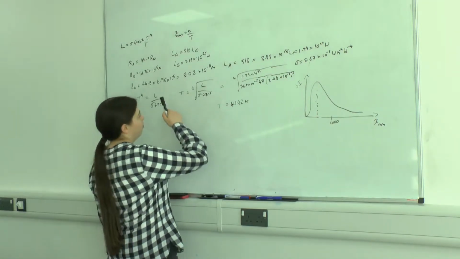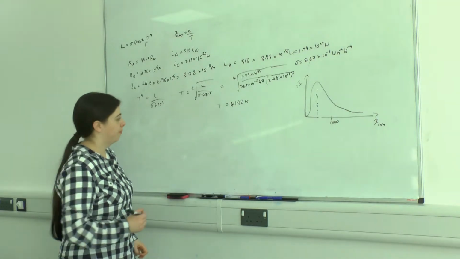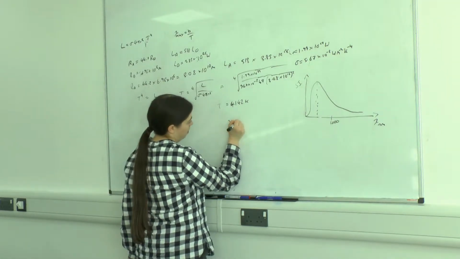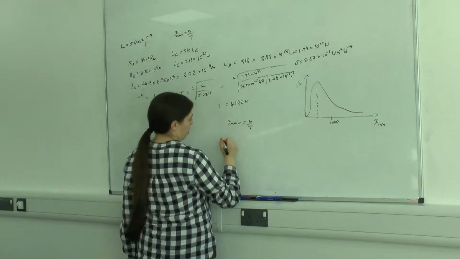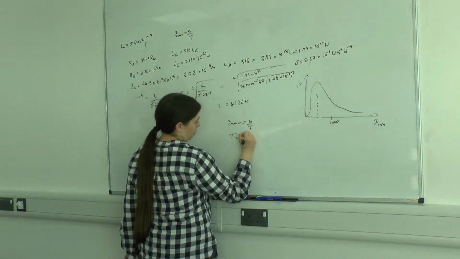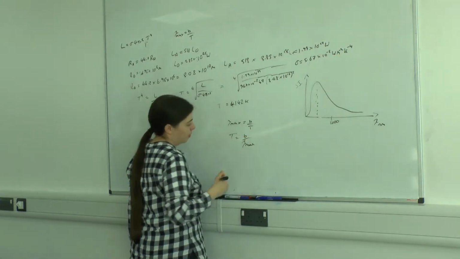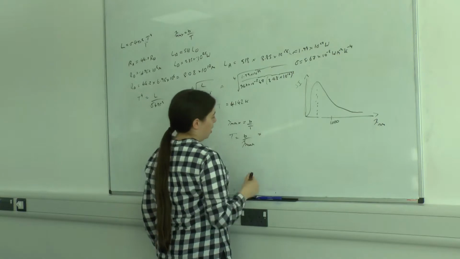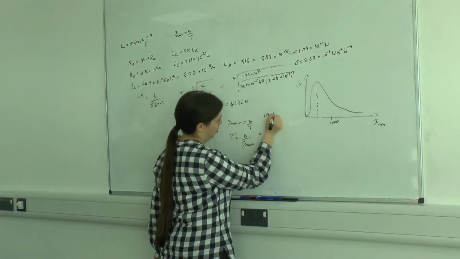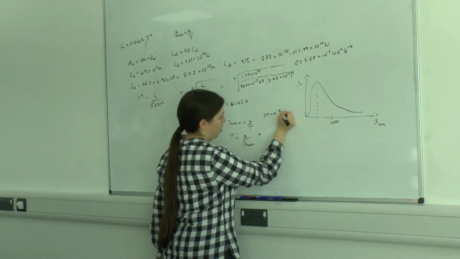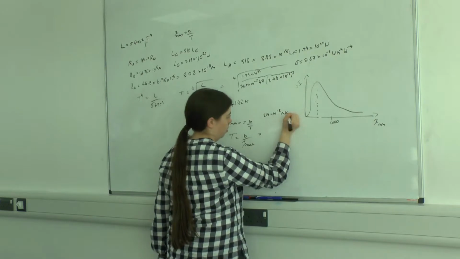You need to rearrange it for temperature, so T equals Wien's constant over lambda max, and Wien's constant here is 2.90 times 10 to the minus 3 meter Kelvin.